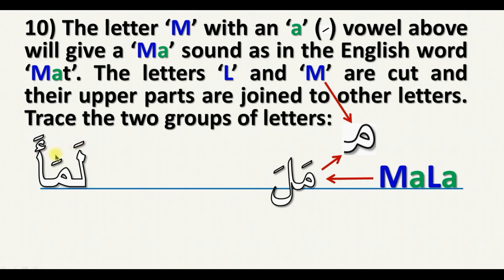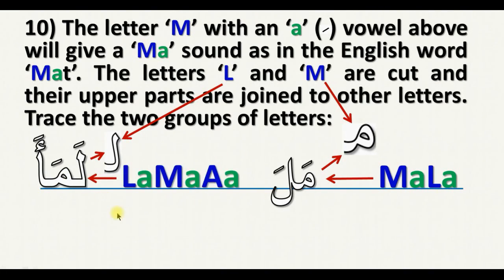Then we put in the vowels. And so we have lama a. Here we have an illustration of how the L has been cut and joined to the M. And here we have the transliteration.